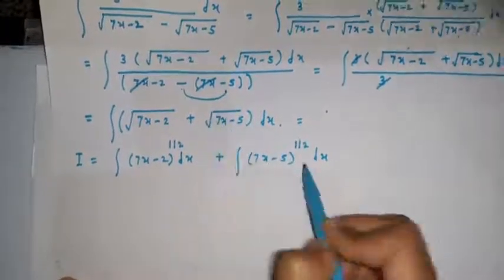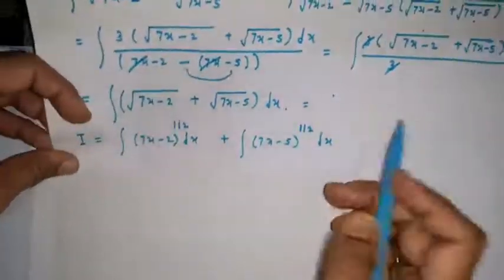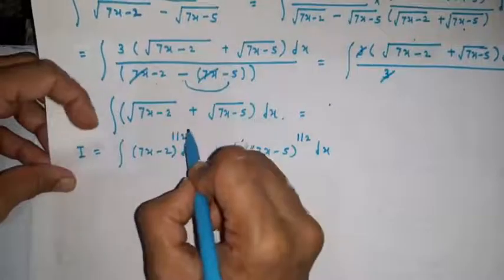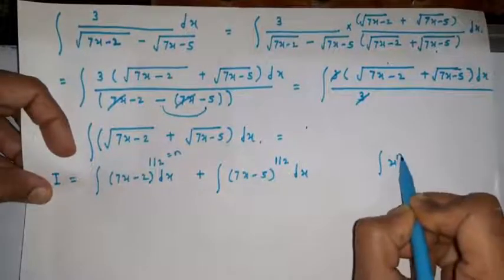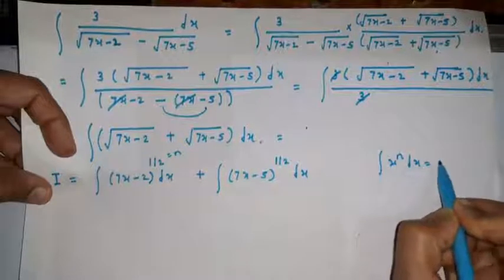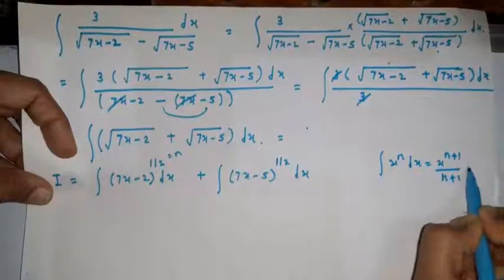Instead of writing square root, we have written the power half. Now by using a very simple formula, the integration of x raised to n with respect to x is x raised to n plus 1 upon n plus 1. By using this formula, we can integrate.